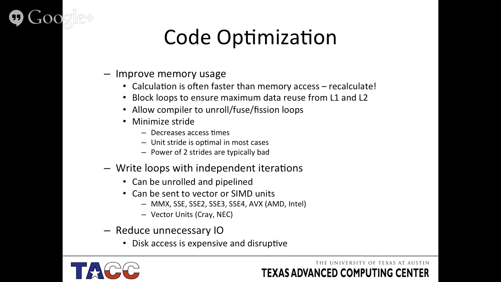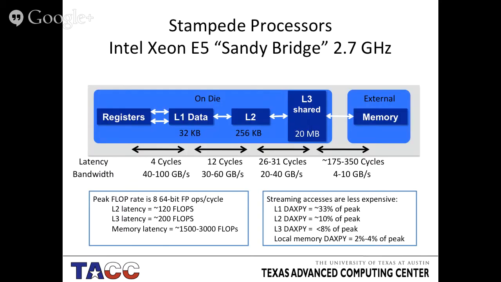And I've talked a lot about memory and improving memory usage. Just to give you an idea of how expensive it is to get data from memory, this is a slide with some speeds and feeds for a Sandy Bridge in Stampede. What I would like you to notice is that if you have to go out all the way to external memory, to the DIMMs, to pick up a piece of data, the time that it takes to get that data down to a register where you can actually use it for an operation is equivalent to doing about 3,000 floating point operations.